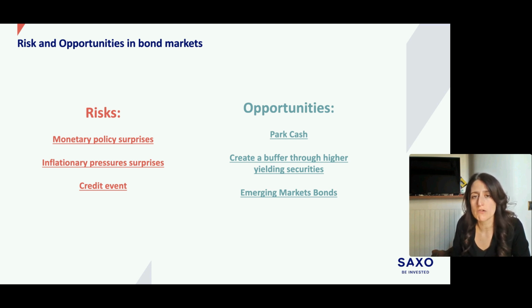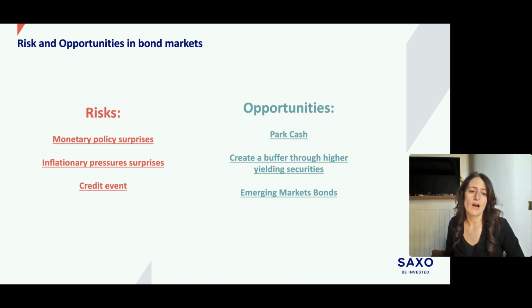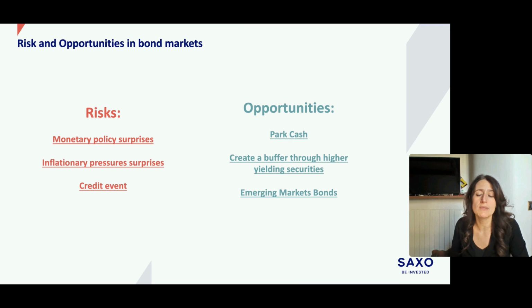So the global financial crisis, the dot-com crisis, and the 1998 Russian default, and the Long-Term Capital Management crisis. So at this point of time, if we don't have such a crisis or a shock to the system, the only way that this can go is that central banks are not going to match market expectations.